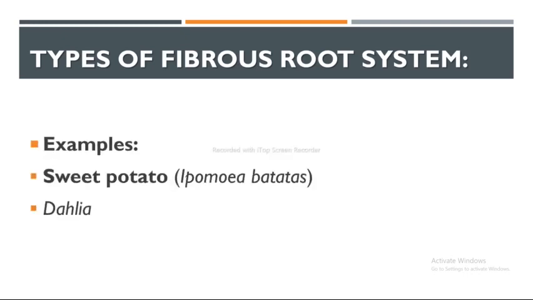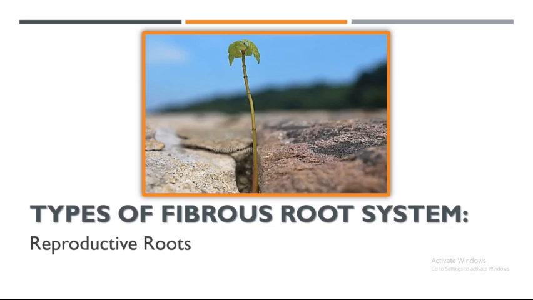Examples of the reproductive roots are sweet potato, which is also known as Ipomoea batatas, and the next example is dahlia. Types of the fibrous root system include the reproductive roots, as shown in the figure.